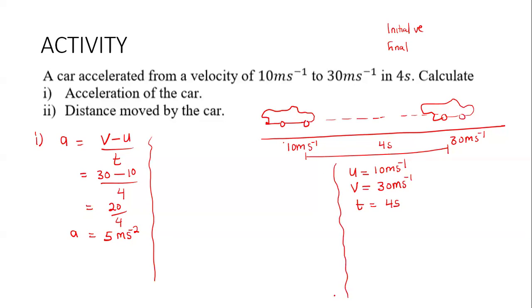Oh, okay, yes. When it comes to equations of motion, whenever they tell you distance, they're referring to displacement in most cases. The only difference is that when they ask for displacement, we consider direction.